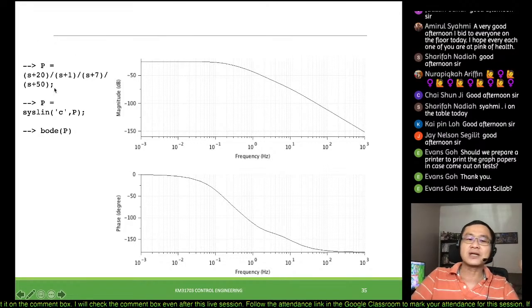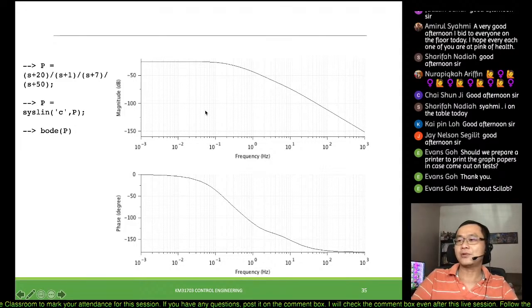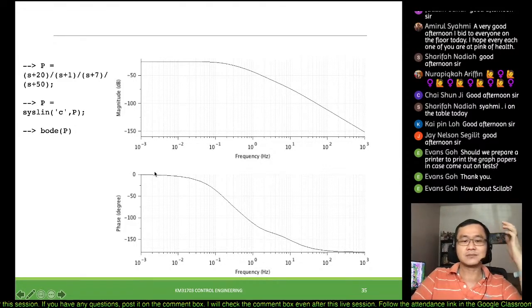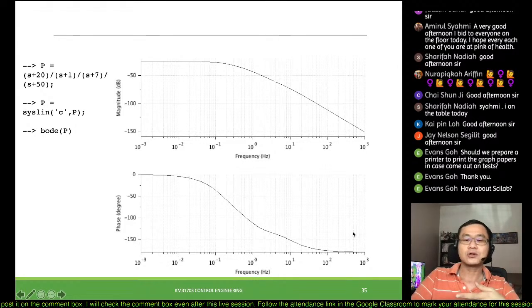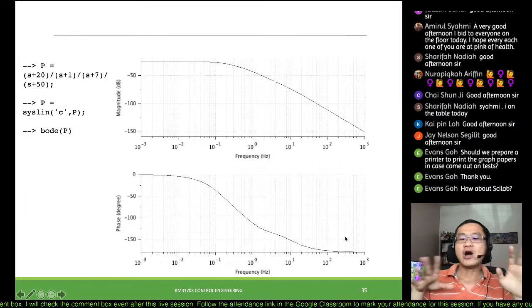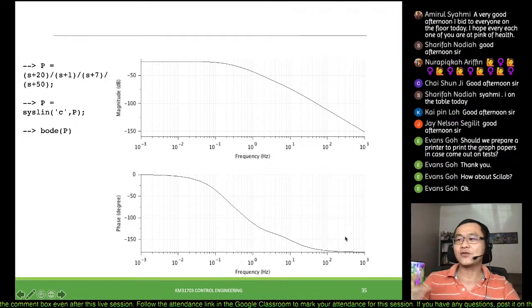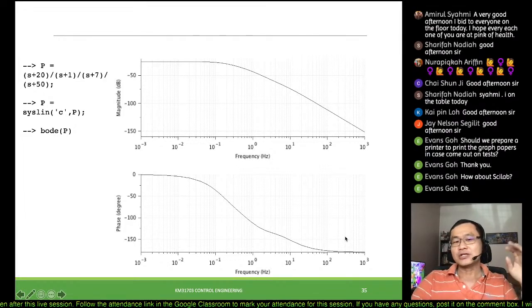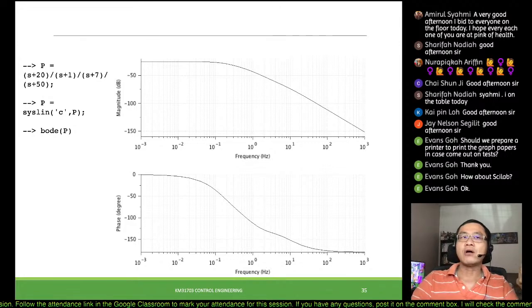Once you define that, you can type this, use a linear system form, and then you put Bode p and you get the same graph. Your Bode plot is ready. So what you need is just to manually check where it passes through, and you will see how it actually approximates for you.